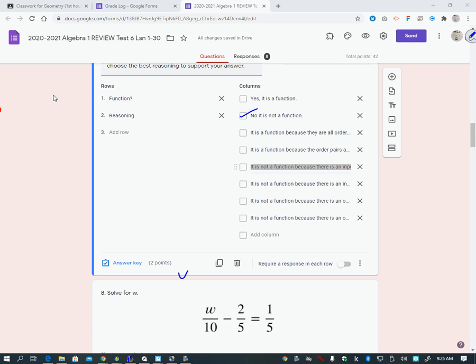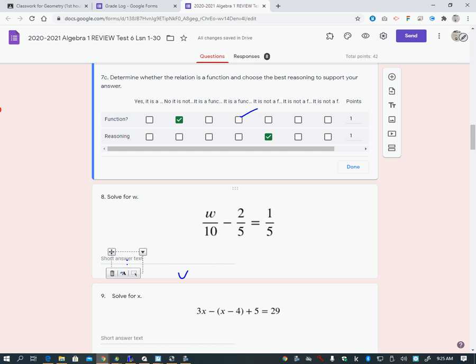No, after you pick either yes or no, you have to pick one of these down here. Do you understand? Okay, and I don't know why none of them may have even given you any points. I don't know what the answer key says.